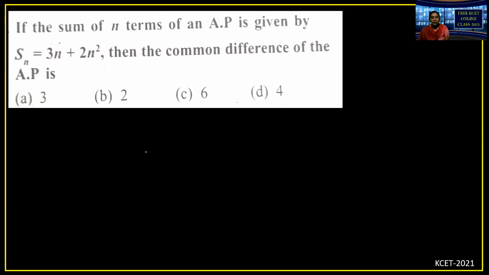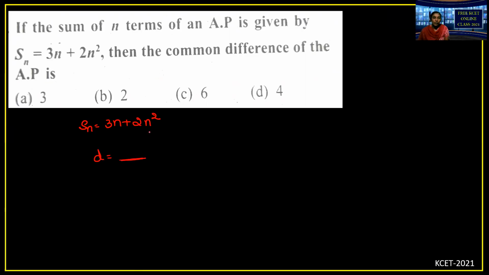Next question: if the sum of n terms of an AP is given by Sn is equal to 3n plus 2n square, then what is the common difference of this AP? I want to calculate the value of the common difference.